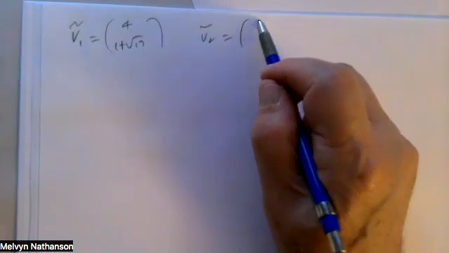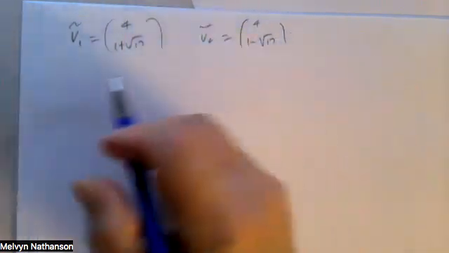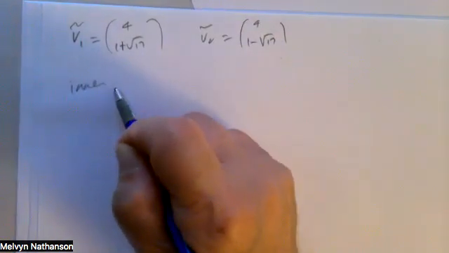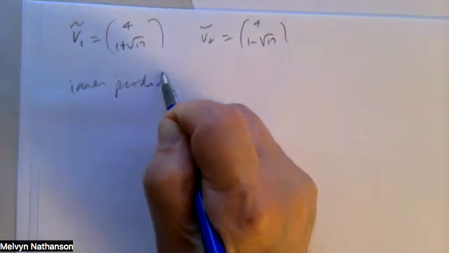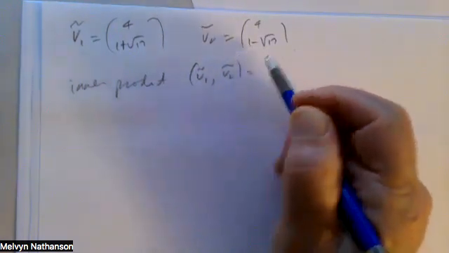The second eigenvector, which I just calculated, was (4, 1 minus root 17). Let's compute the inner product of v1 tilde and v2 tilde.